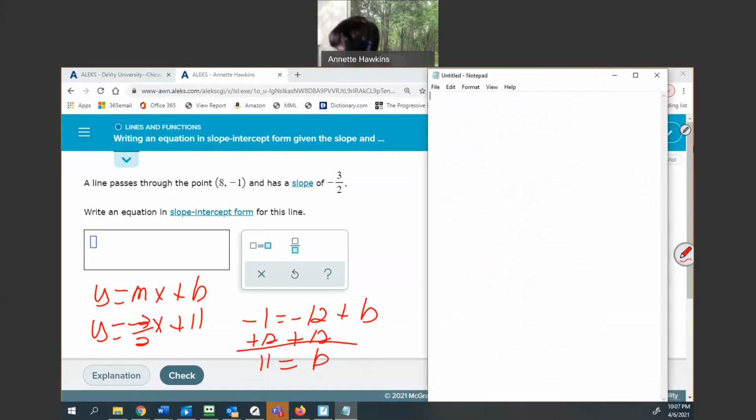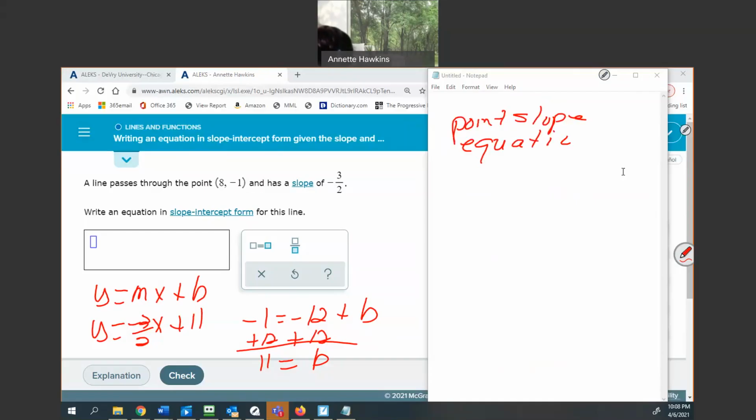All right, let's use the point slope equation generator. So y minus y1 equals m times x minus x1. Now, these y1 and x1 refer to the point, okay?